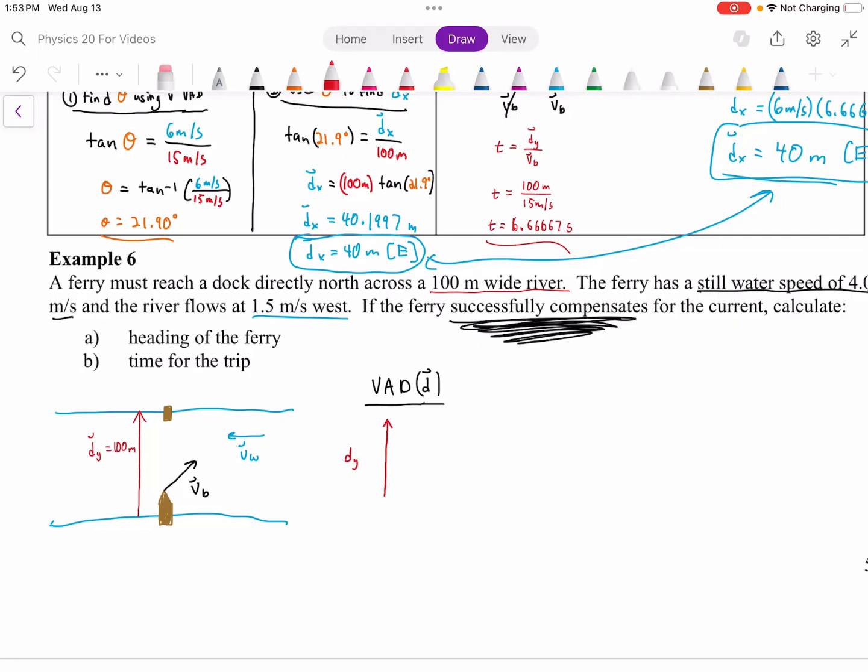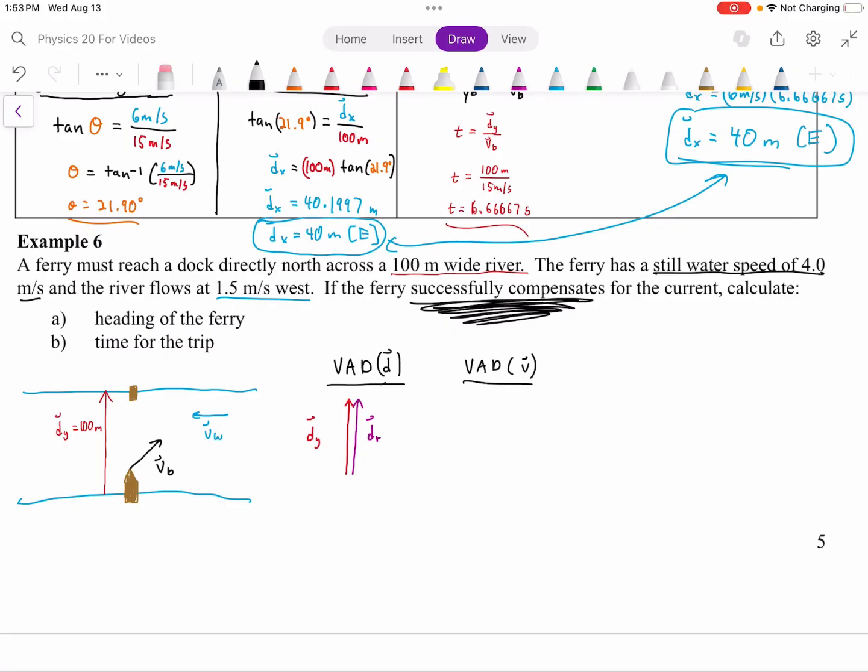They're going to successfully compensate so that from where they start to where they end up in terms of position is just straight across. So dy is actually dr, right? The resultant displacement should just be the 100 meters north to get across the river. Now in our velocity vector addition diagram, how they achieved that, well, we already talked about that, right?